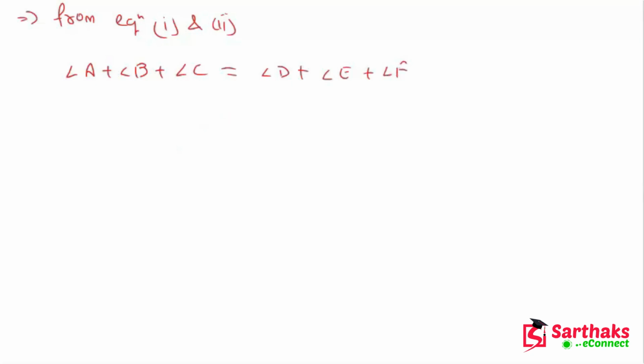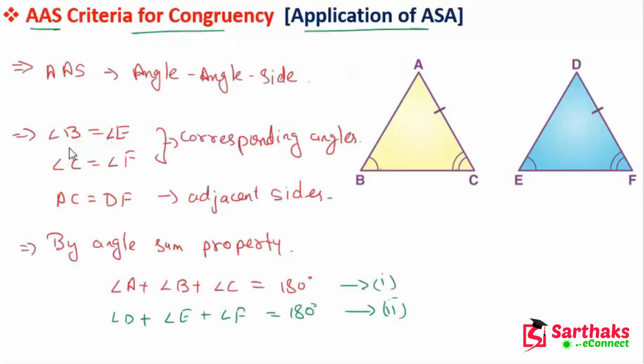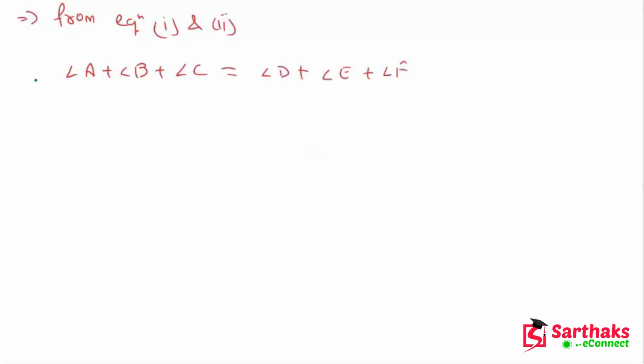Now you can see that angle B is equal to angle E, we know that. So we can write angle E in place of angle B and angle F in place of angle C. This will become angle A plus angle E plus angle F is equal to angle D plus angle E plus angle F. From this, angle E and angle E will be cancelled, and angle F and angle F will be cancelled.